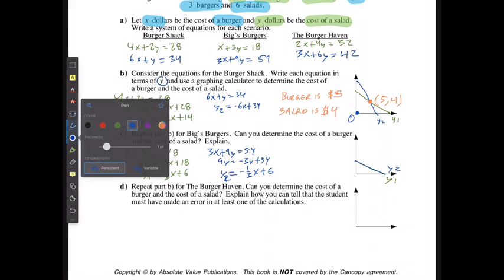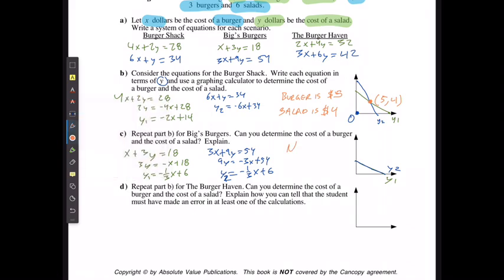In this case, the answer is no. They have no clear solution because they are equivalent equations.